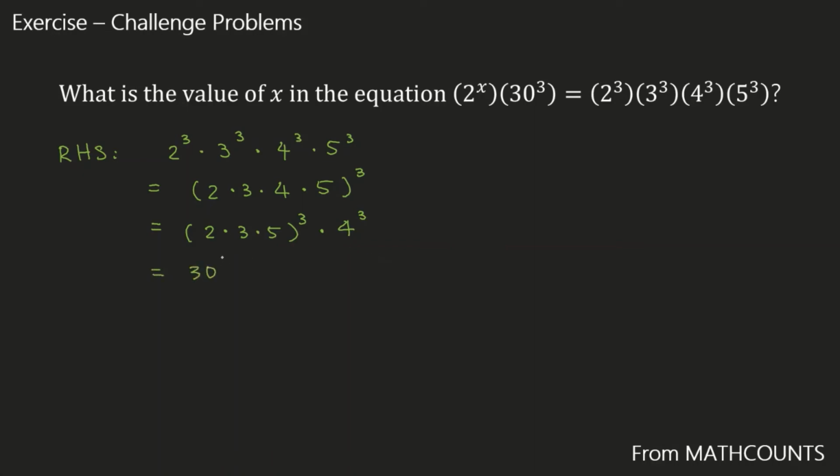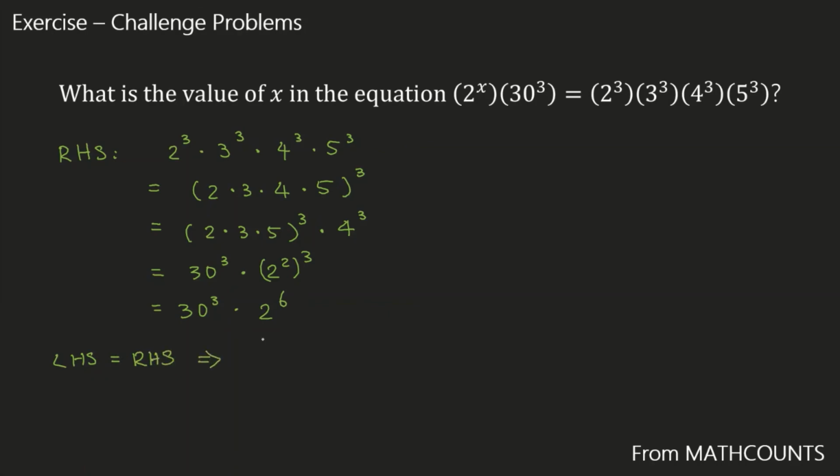So this is 30 raised to the power of 3 multiplied by, we want to write the 4 as a 2 base, so that becomes 2 squared raised to the power of 3. This gives us 30 raised to the power of 3 times 2 raised to the power of 6. Now we're going to make our left-hand side equal to our right-hand side.